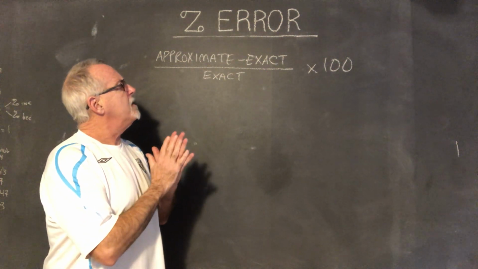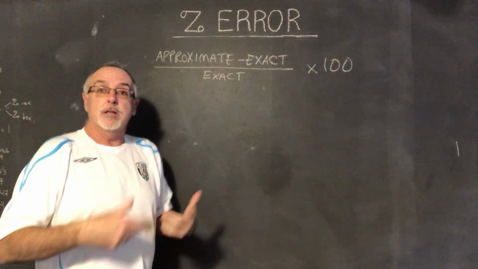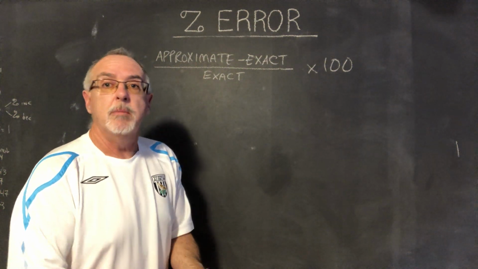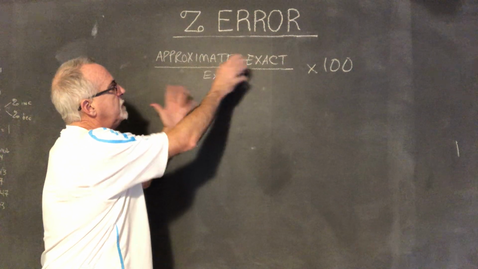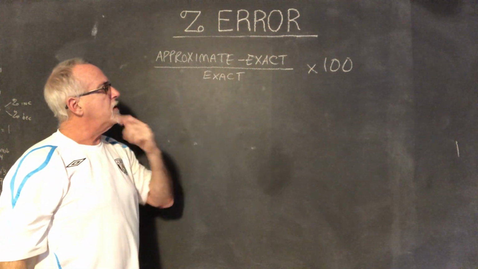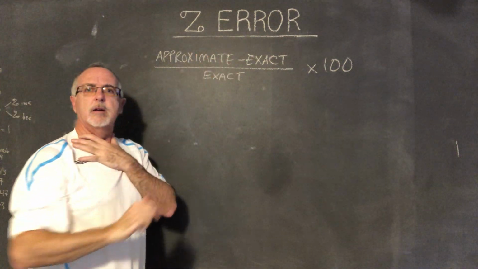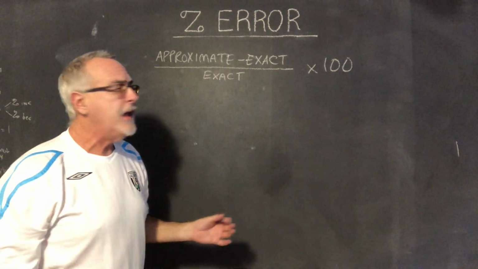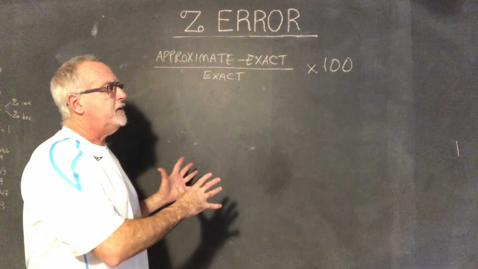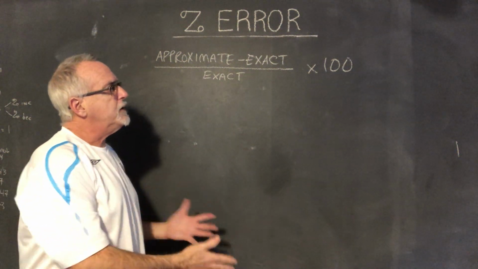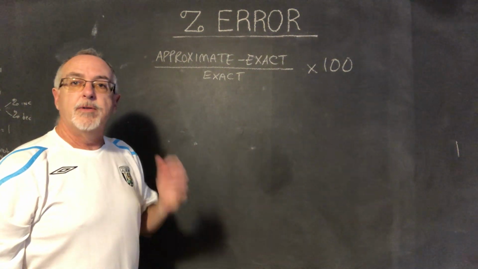Sometimes the approximate is something you get as a result of an experiment, but sometimes it's a guess. So we have approximate minus exact over exact, very similar structure to last week's formula. But when we get a negative number in the numerator, we pretty much ignore it.